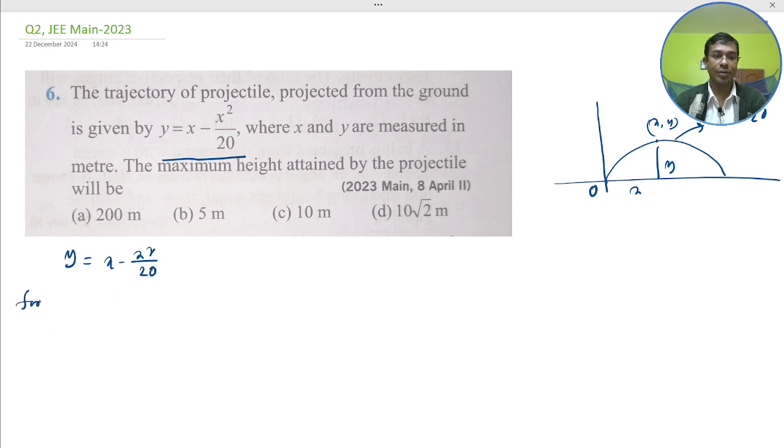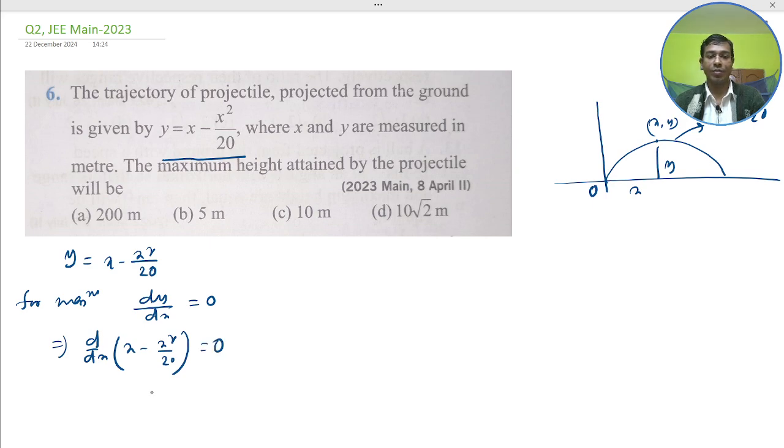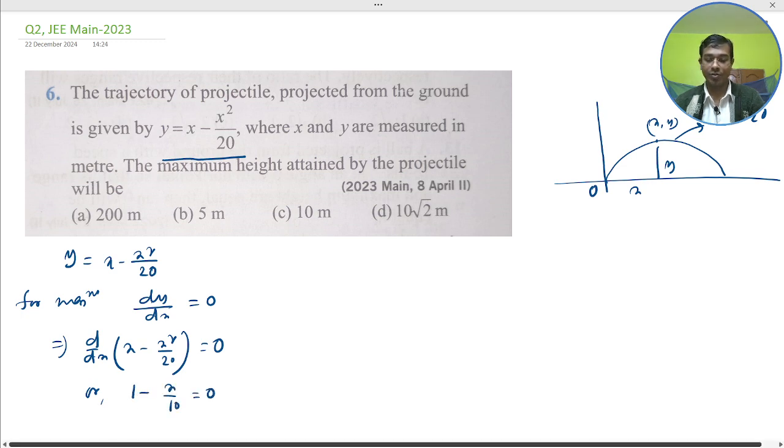For the maximum condition, the first derivative should be 0. Just put the y value, d by dx of x minus x square by 20 is equal to 0. So just do the derivative, 1 minus x by 10 is equal to 0, or x would be 10 meter.